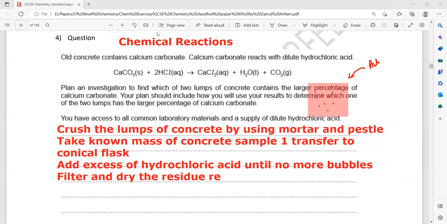Writing a formula carries a mark. As the question says, your plan should include how you'll use your result to determine which of the two lumps has the largest percentage. So there should be a calculation point. Add excess hydrochloric acid until no more bubbles are there, then filter and dry the residue.